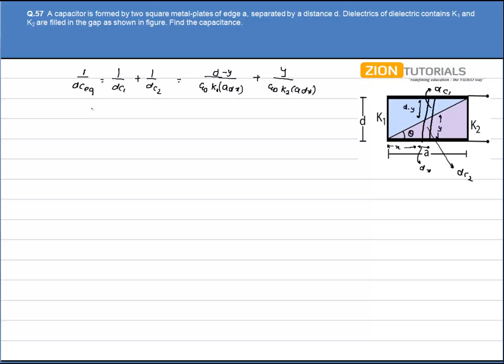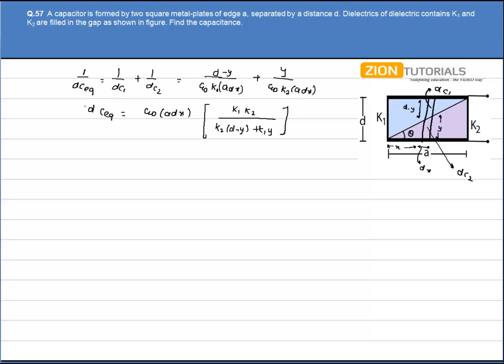So on solving, we get dC equivalent as epsilon naught a dx into K1 K2, divided by K2 of d minus y plus K1 y.